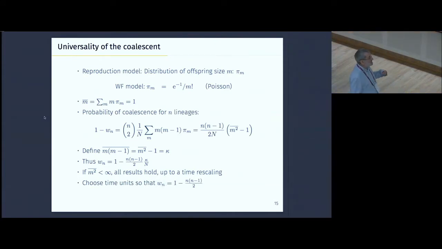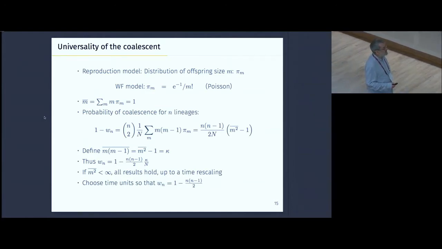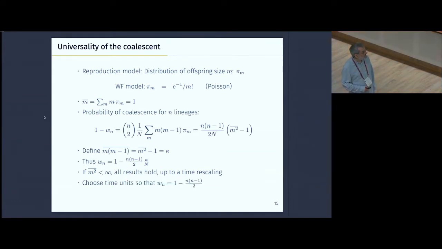Now, what is the probability of coalescence for n lineages? This is given by 1 minus that Wn that we have evaluated before. And you just plug it in, in this case, we have this pi of m. This is the number of pairings that you can make with the lineages. This is the number of offspring, and this is the probability that these guys just jump on the same parent, isn't it? It is the probability that this parent has m offspring.